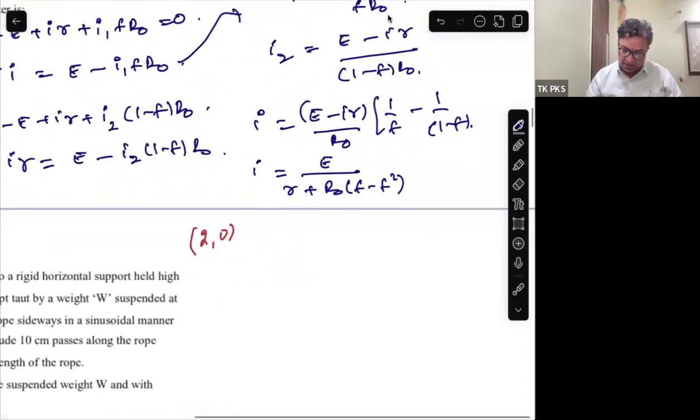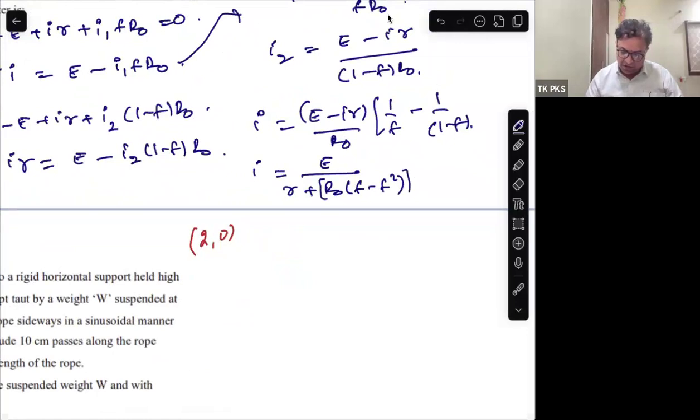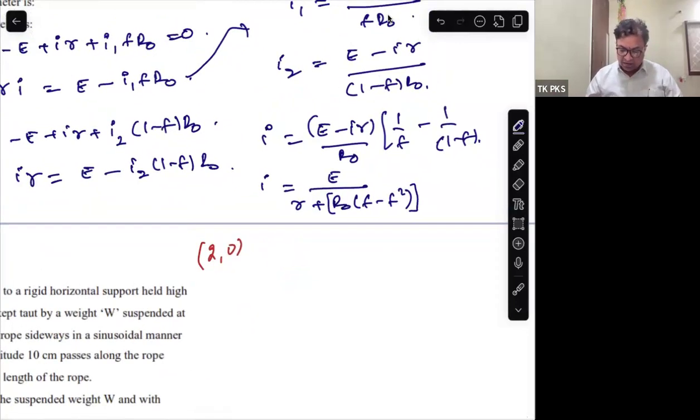Now remember, if this is 0, I is maximum. So F minus F square needs to be 0, meaning F should be 1, and then it becomes maximum. What is needed for minimum?